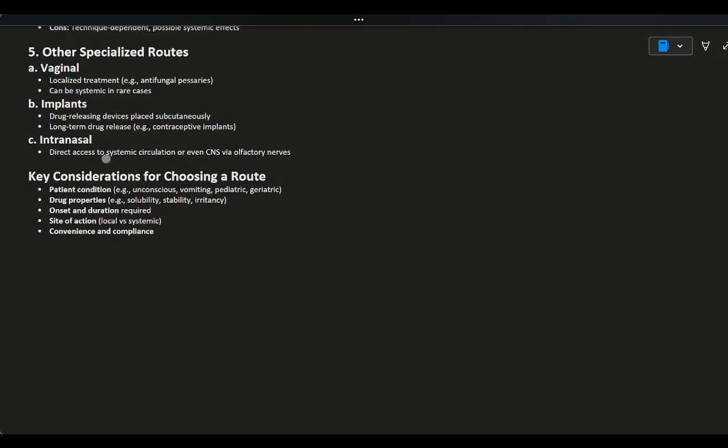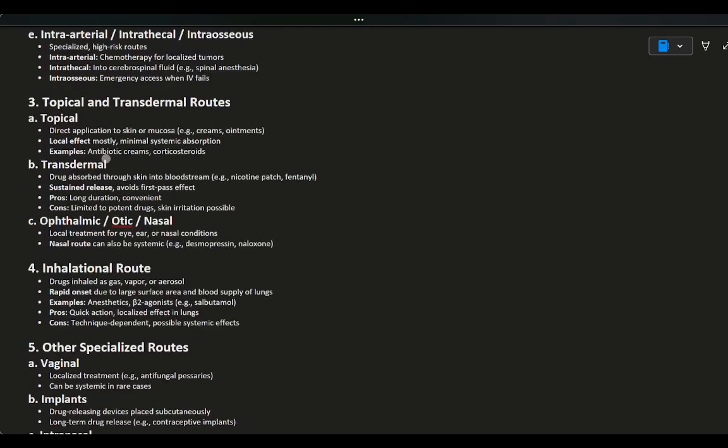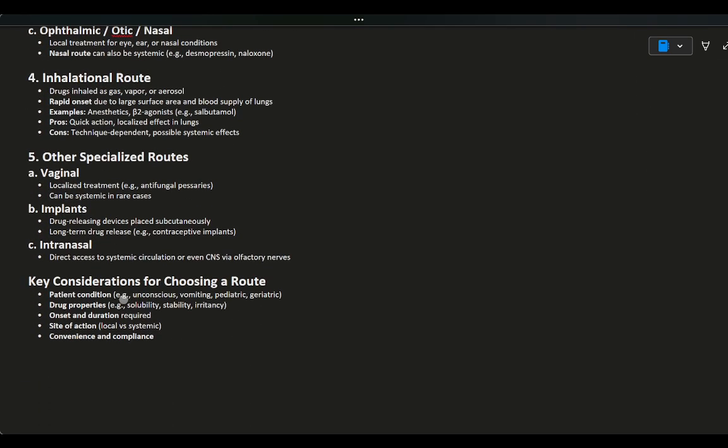So, when considering the different types of drug administration, just consider the following factors. Consider the patient condition, whether they're unconscious, vomiting, whether they're a child or an old person. Consider the drug properties such as solubility, stability, or irritancy.